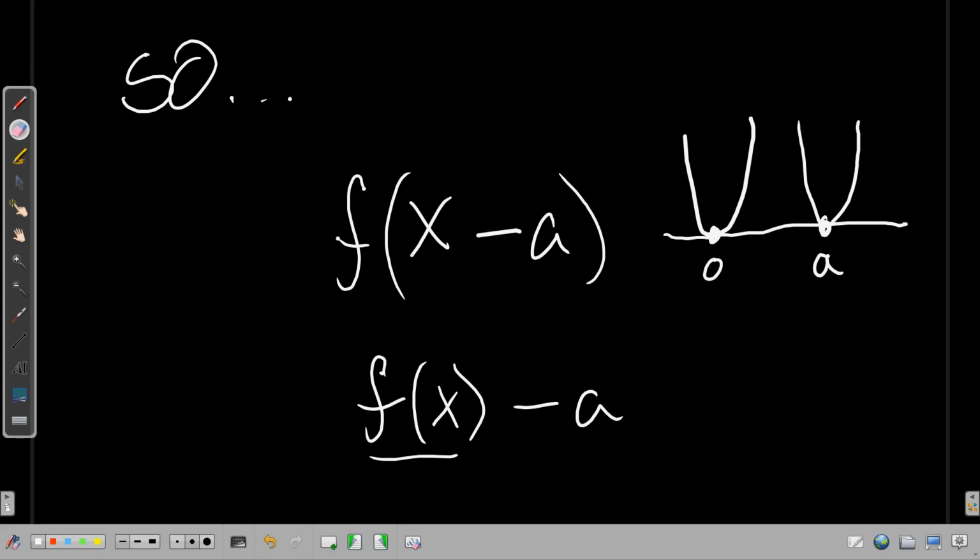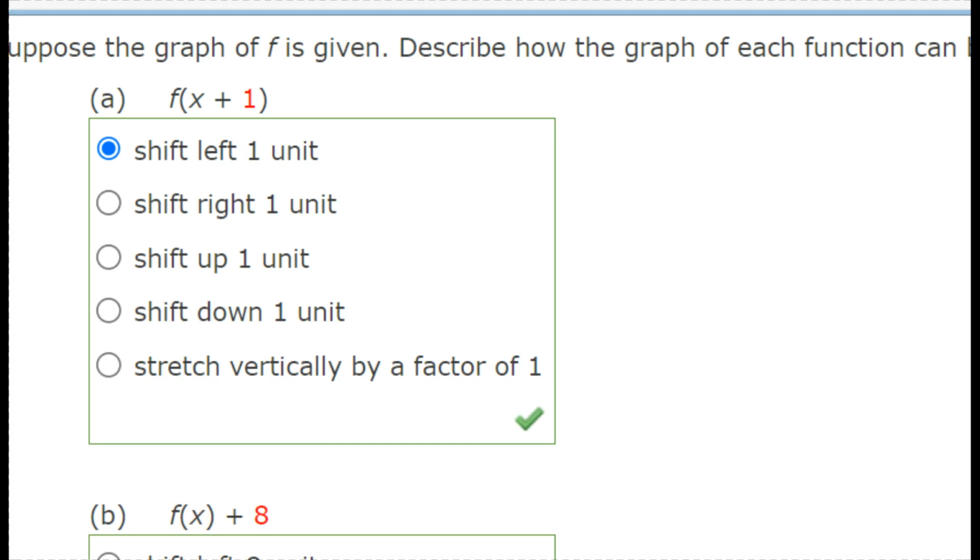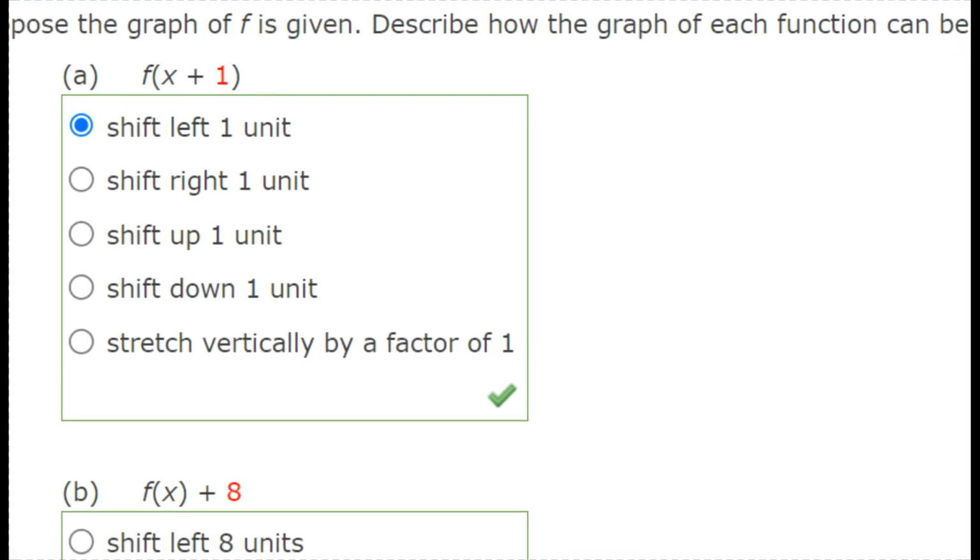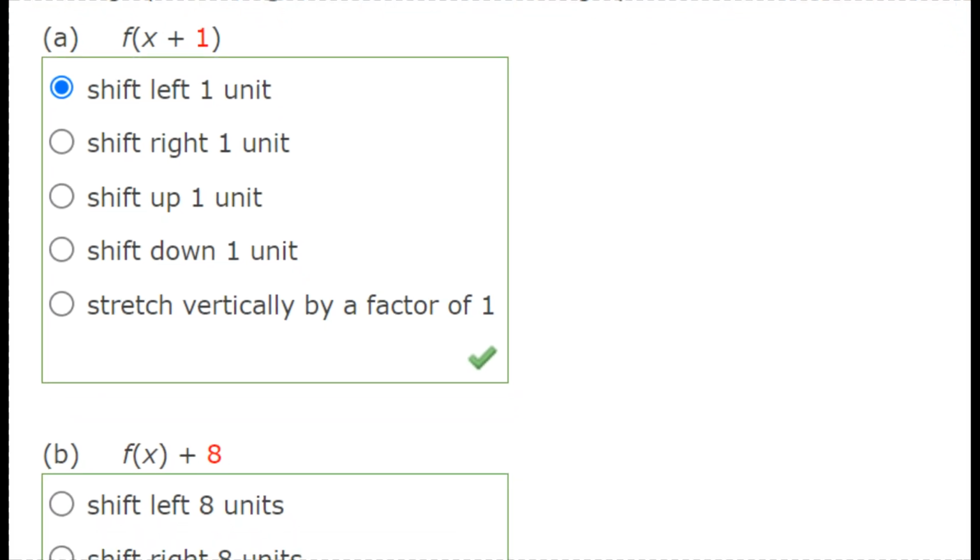Okay, so let's look at some examples from the homework. All right, so I accidentally already put the answer on this one because I was trying to make the video earlier and decided to re-record it.